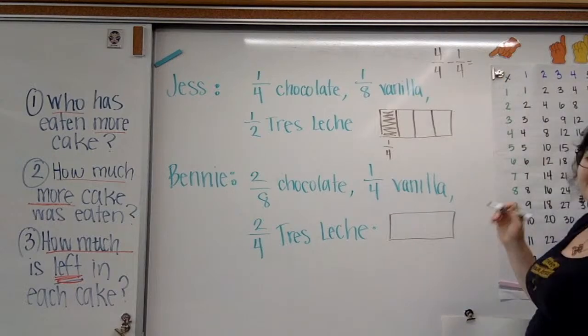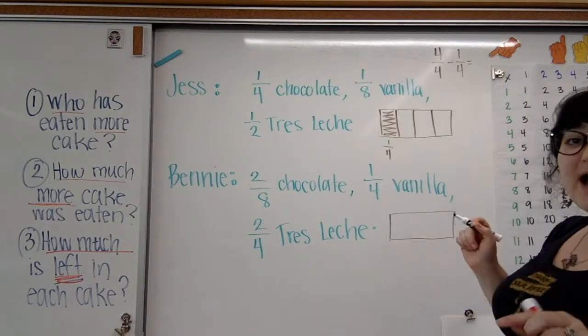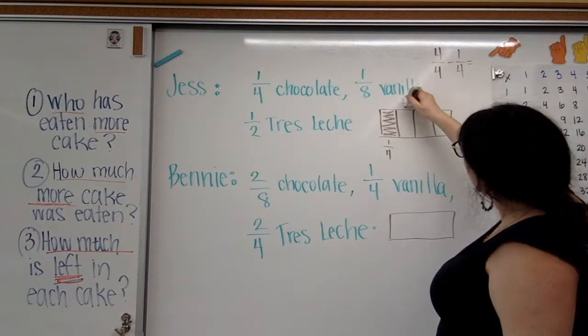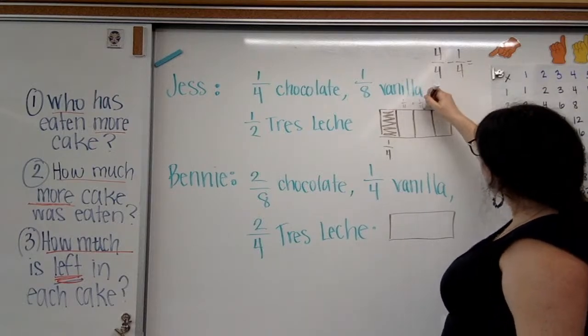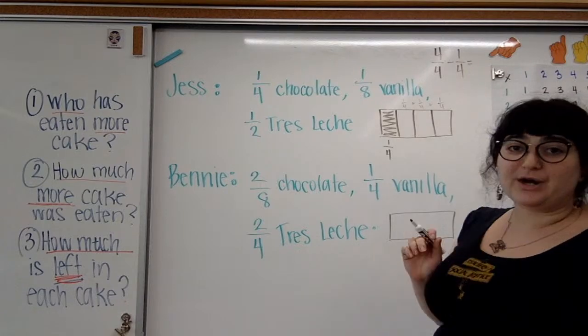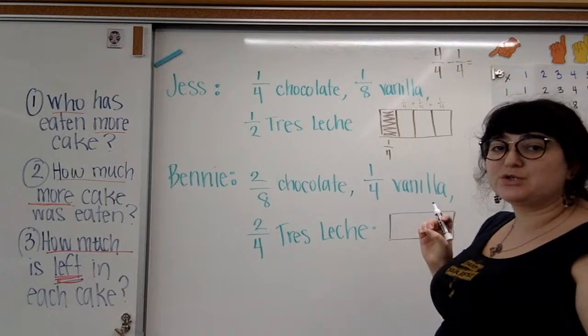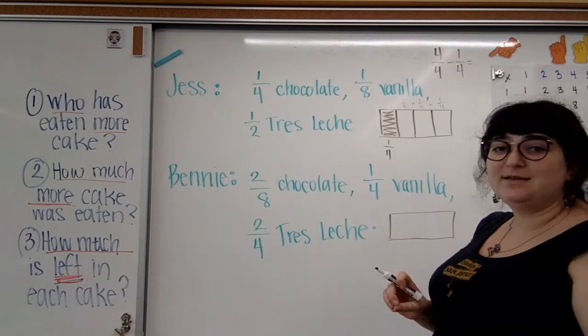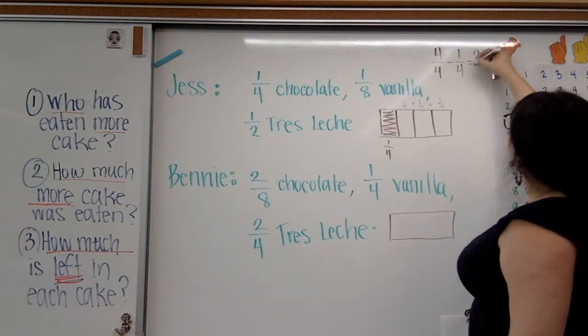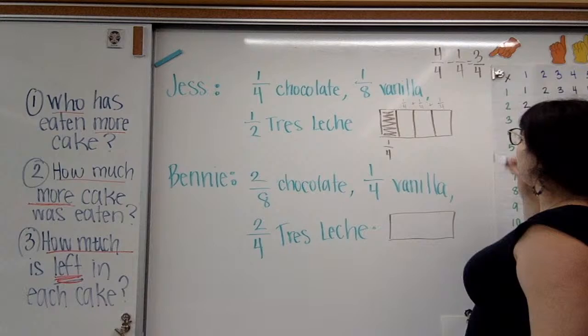We still have the 4 pieces that it was cut up, but we now have 1/4 left, plus 1/4, plus 1/4. We're just adding the numerators. Remember, the numerators represent the pieces of the whole.